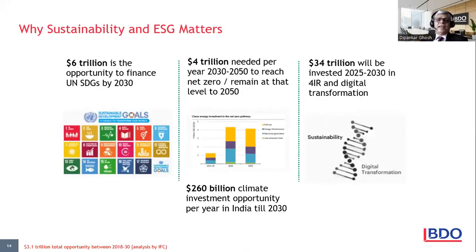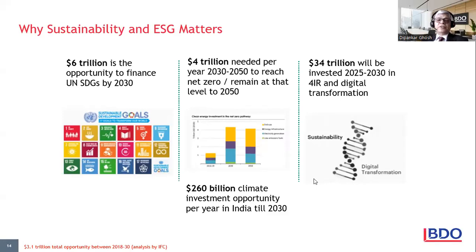So why do sustainability and ESG matter? As I was talking at the beginning itself, one is, of course, the regulatory matters. Regulations are requiring organizations to follow certain ESG or sustainability related standards. But the other one is that overall the world is aiming towards achieving the UN Sustainable Development Goals, as we all know, which was taken up in 2015.